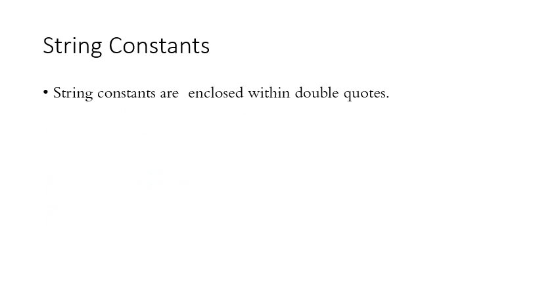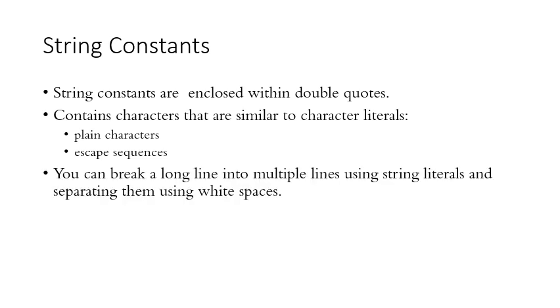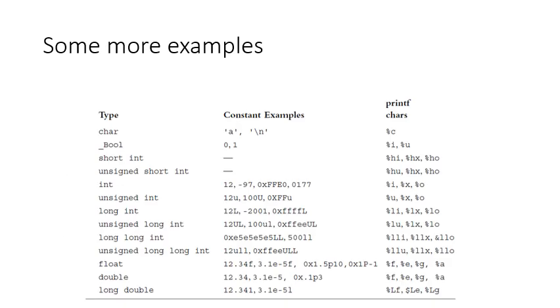String constants are enclosed within double quotes, and they contain characters that are similar to character literals. They can contain plain characters or escape sequences, and you can also break a long line into multiple lines using string literals and separating them using white spaces. Here are some more examples. You can check this later.